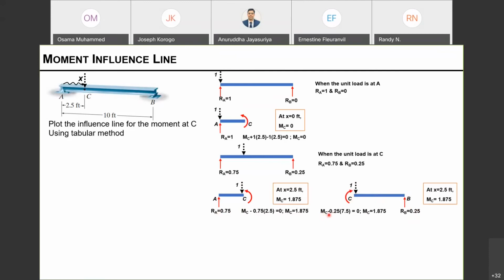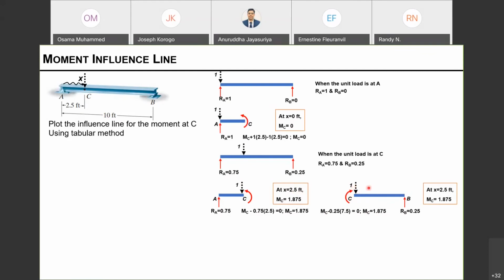MC minus, because this is counterclockwise, and then considering the right-hand side, 0.25 times the lever arm, or the moment arm, that is 7.5. So 7.5 is coming from C to B because A to B is 10. So again, MC will be 1.875.